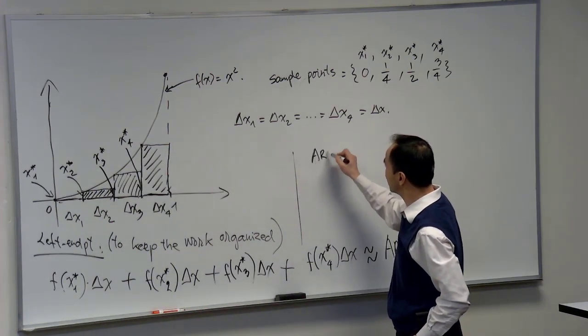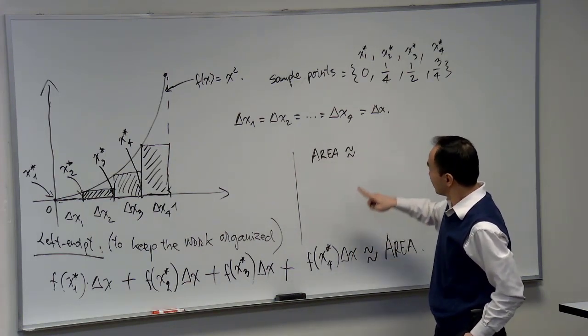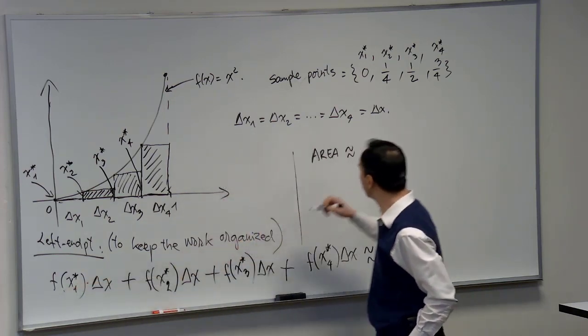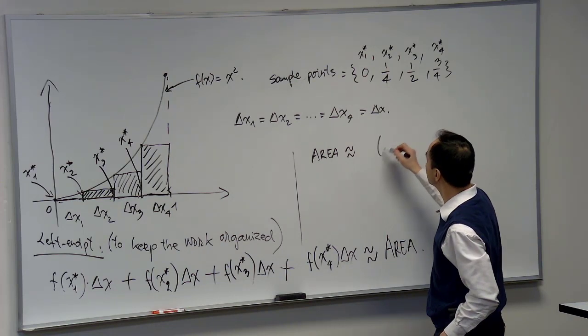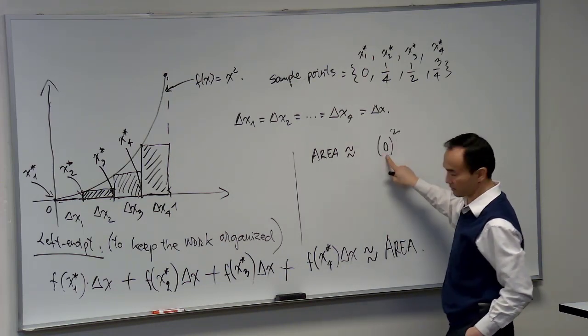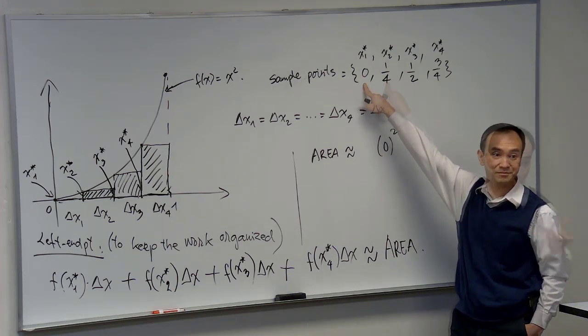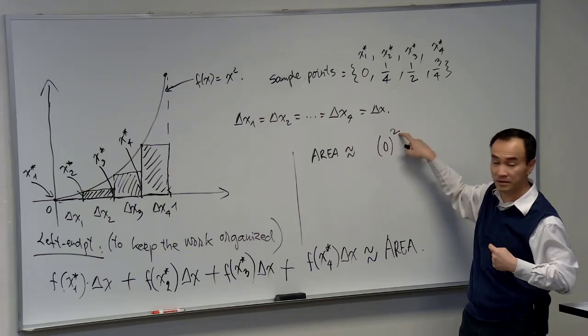And so specifically with this function that we're looking at as our particular problem, the area is approximately calculated by f of x star 1, which is going to be 0 squared. See, x star 1 is right here, 0. So we're substituting that into the function. That's why I'm having the square.